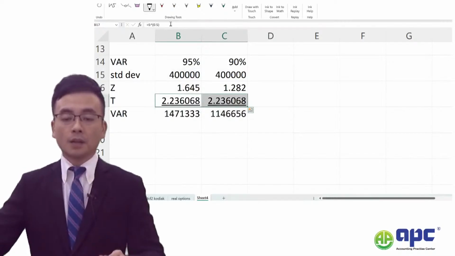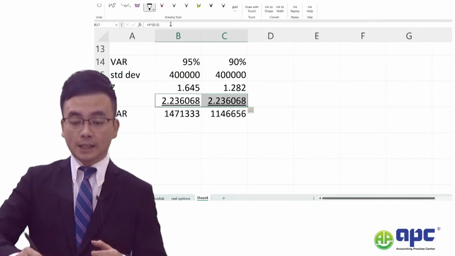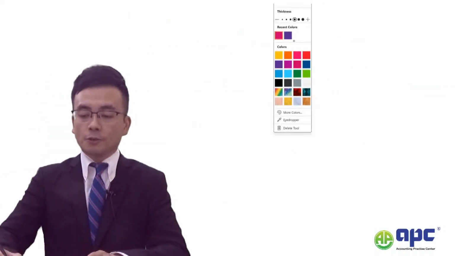Once we've calculated, next we need to explain that to the examining team. In this case, the first step is to comment on your result.